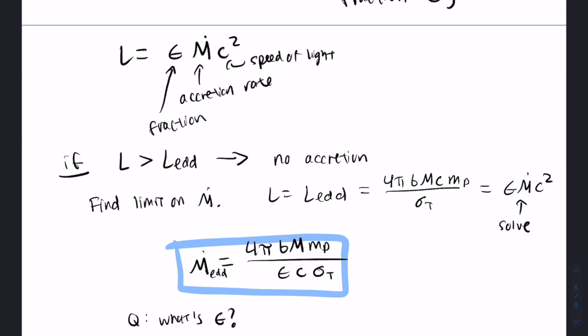However, you've probably heard the phrase super Eddington before, because there are some scenarios where accretion can become super Eddington. One of these is that we made the assumption of spherical symmetry, but accretion is not usually spherically symmetric, especially around a star or a black hole being fed by an accretion disk.